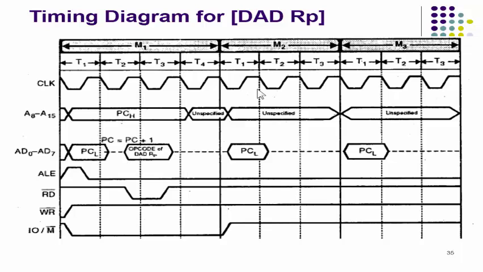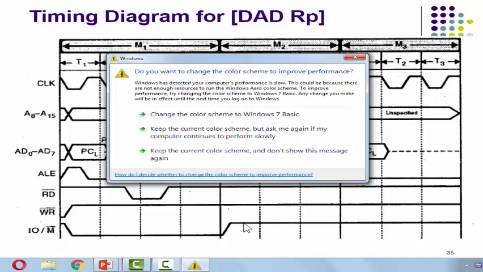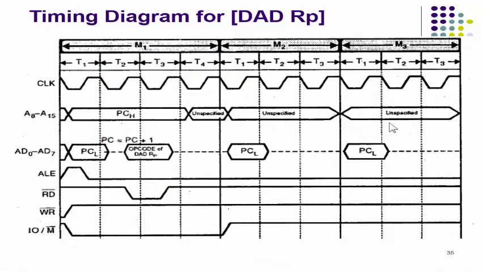During this M2 and M3, you will find unspecified content on A8 to A15, and the PC lower content is the same on AD0 to AD7. But in M2 and M3, in the T1 states, the ALE signal is not controlled by the microprocessor. So the ALE signal and read bar signal are maintained as they are.